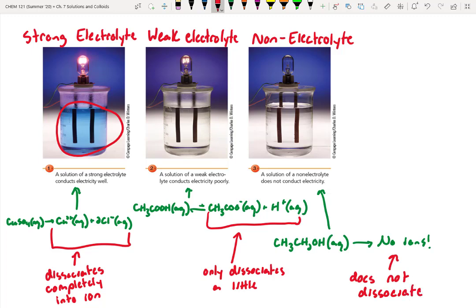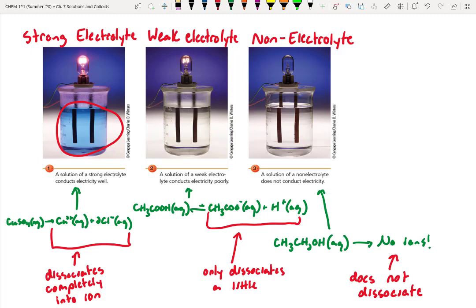All right, so that's the main idea between strong and weak and non-electrolyte solutions. And I think it's pretty neat that we can actually check this by using some light bulbs too. It really goes to show that the theory does match our observations, which is neat.